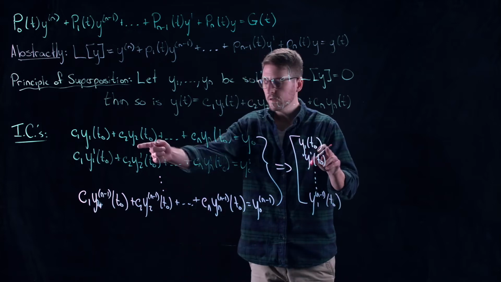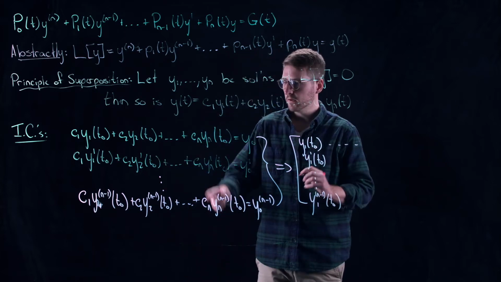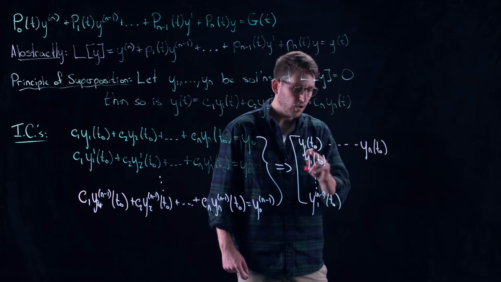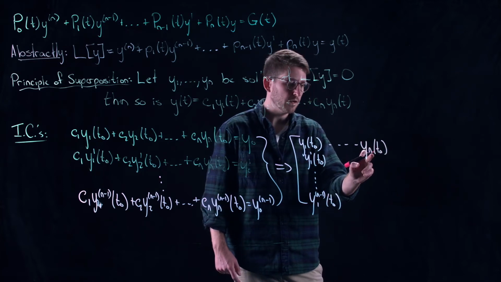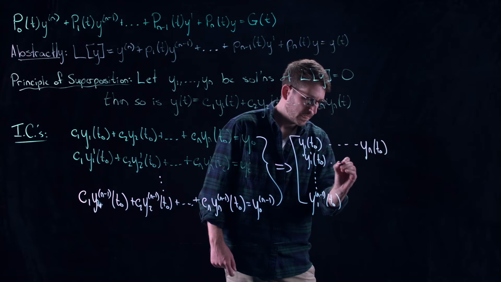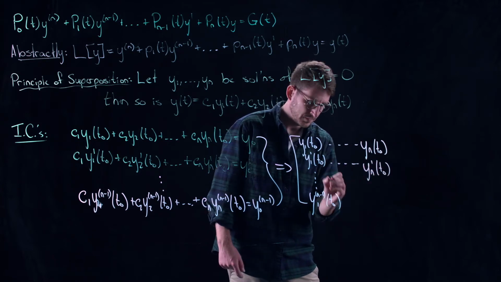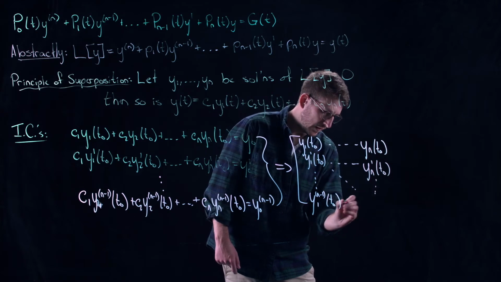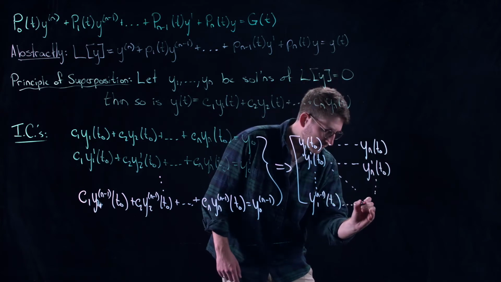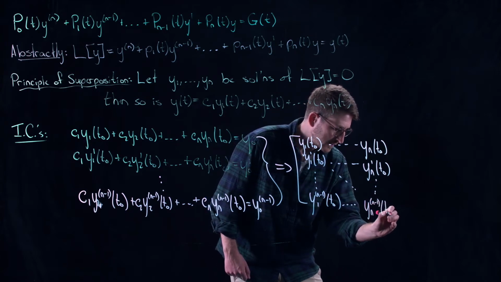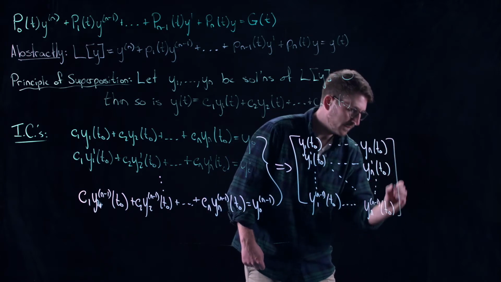And let me skip writing y2 and just go all the way over, because it's a lot to write. But it's all of the solutions evaluated at t naught in the first row, all of their derivatives evaluated at t naught in the second row, and then continuing on until you get to the n minus first derivatives, again evaluated at t naught in the last row here.